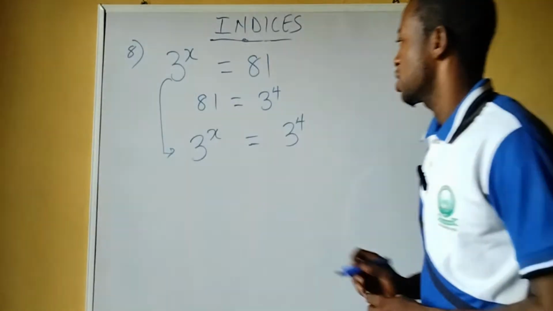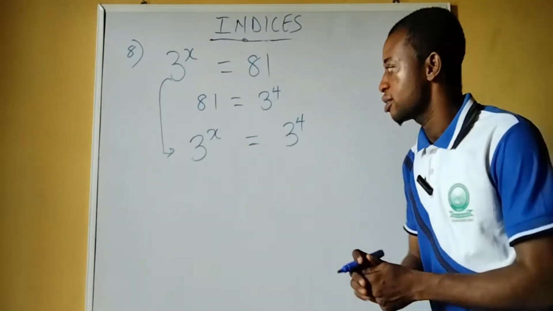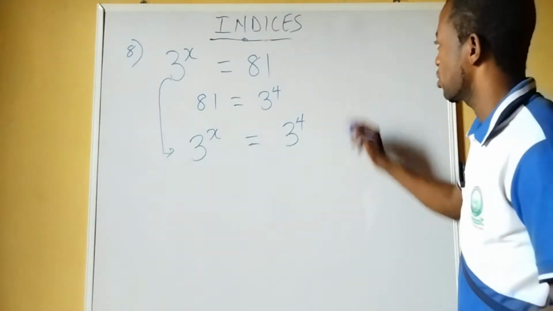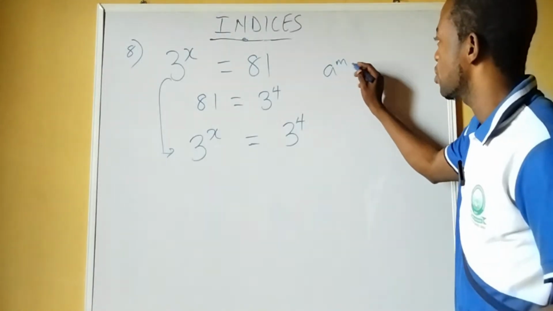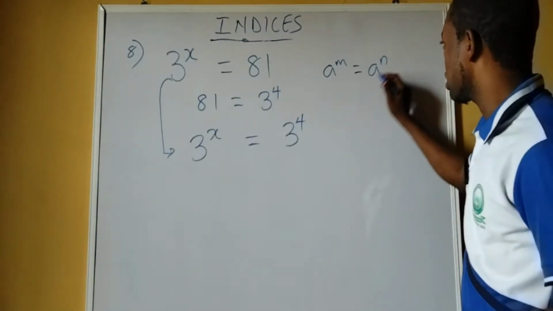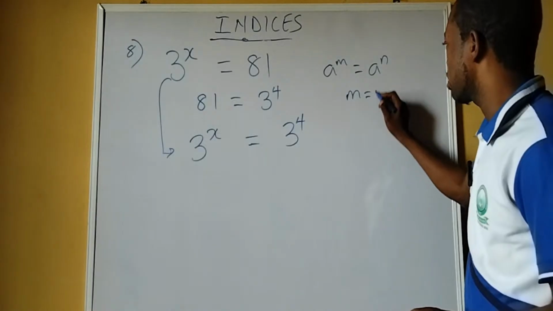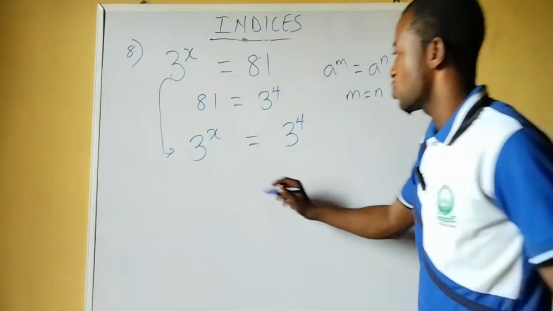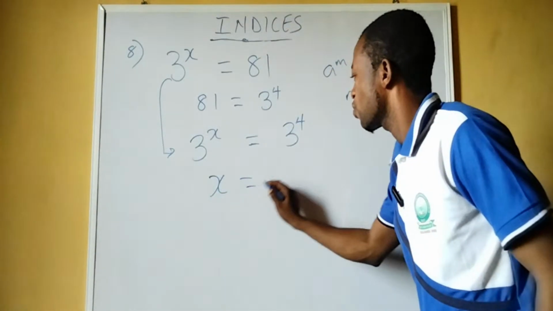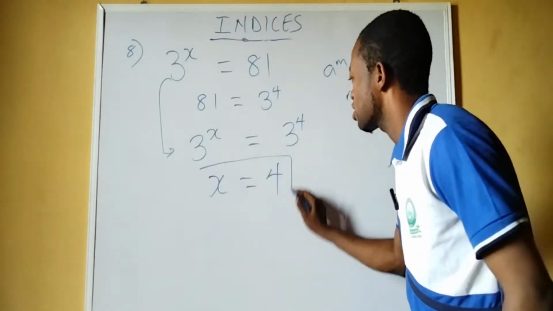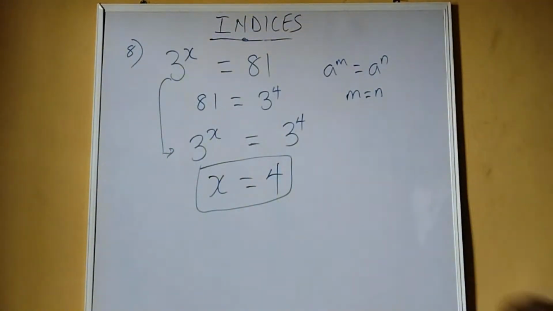Okay? Now, directly, the answer is known. Why? a raised to power m equals a raised to power n, m is equal to n. Same base as well. So x equals 4. And that's the final answer to number 8 question. Okay?